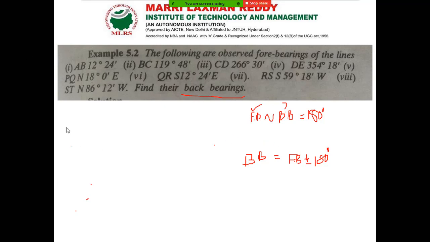So our first thing, okay, now for the line AB, they have given 12 degree 24 minutes. So this is A, this is point B. Now I need the back bearing.